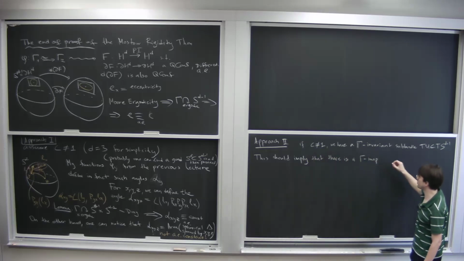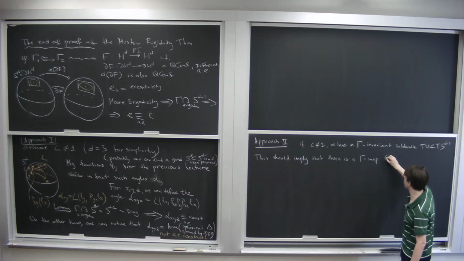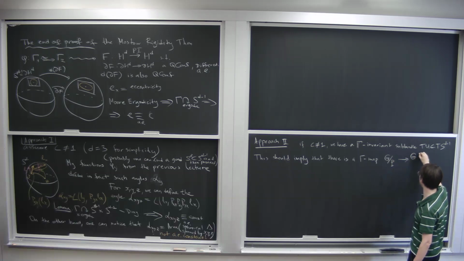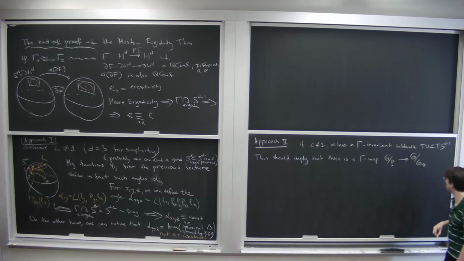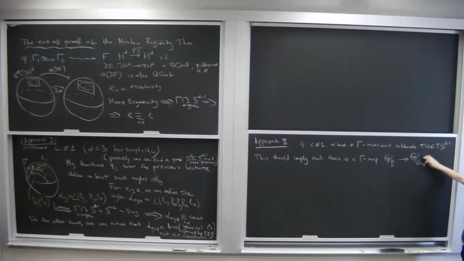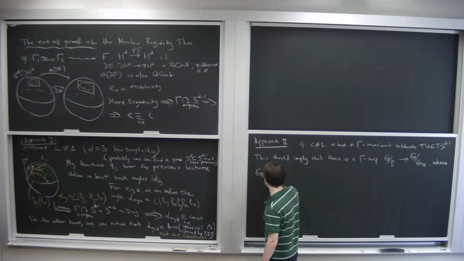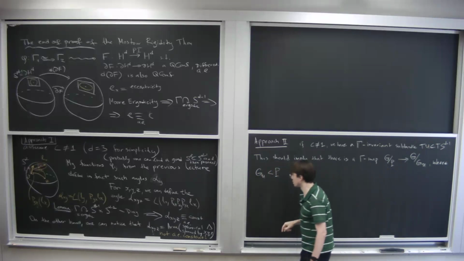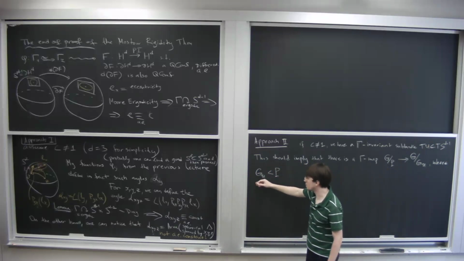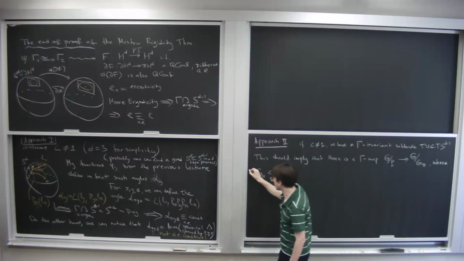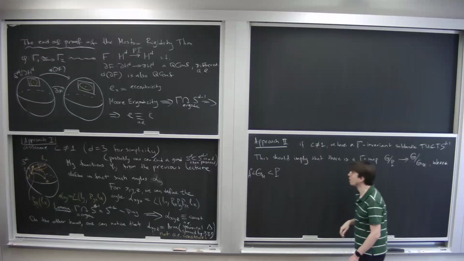sometimes called just a gamma map, from G/P to G/G_U, where this is the stabilizer of some certain k-dimensional plane. So this G_U is a subgroup of P, but in fact it contains the diagonal subgroup A plus from the Cartan decomposition, but it doesn't matter right now.